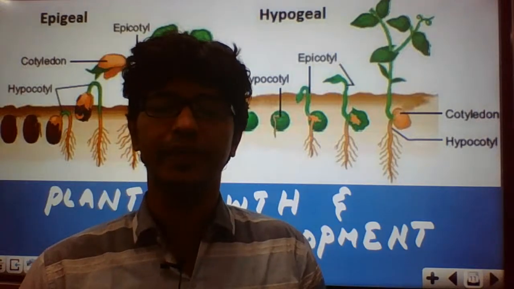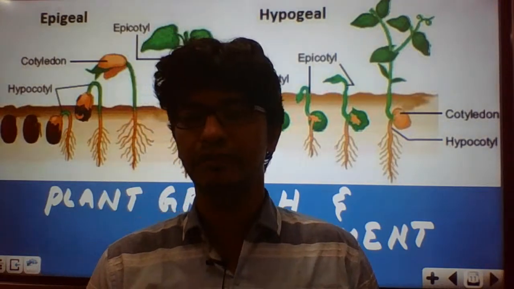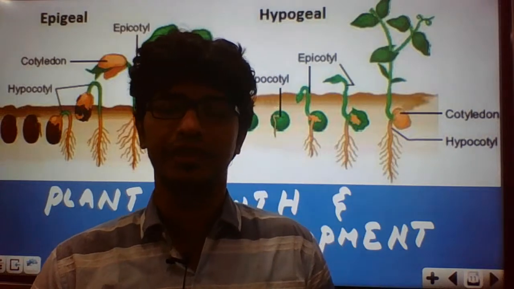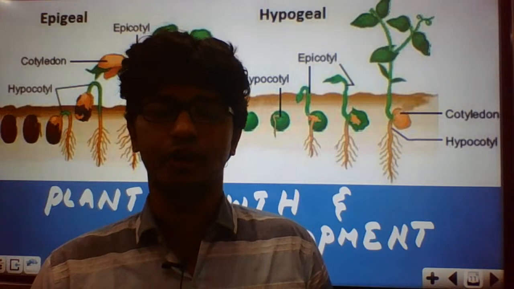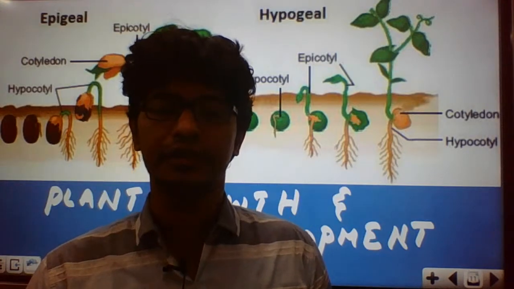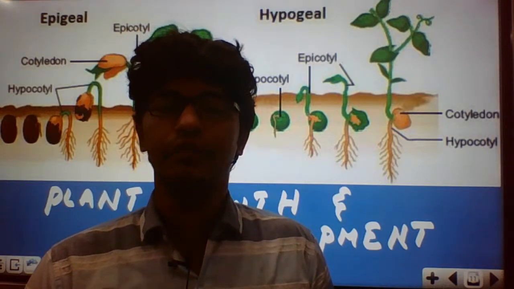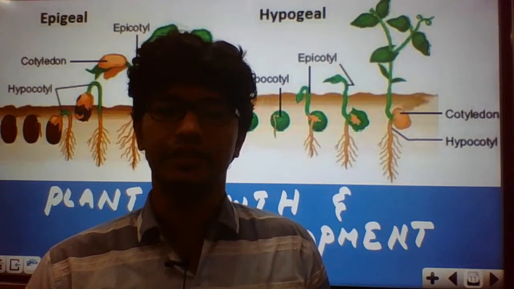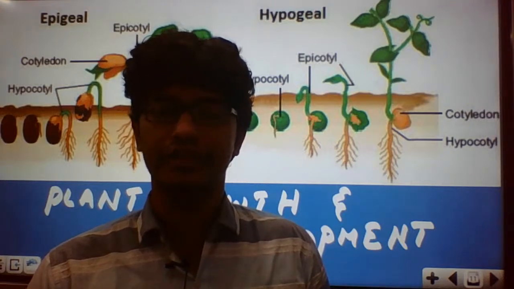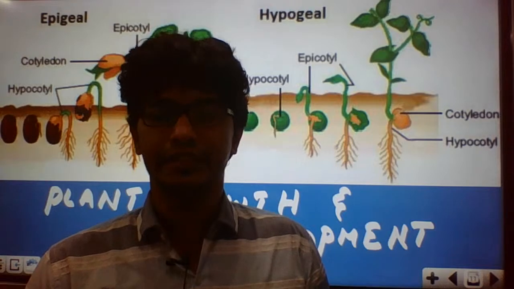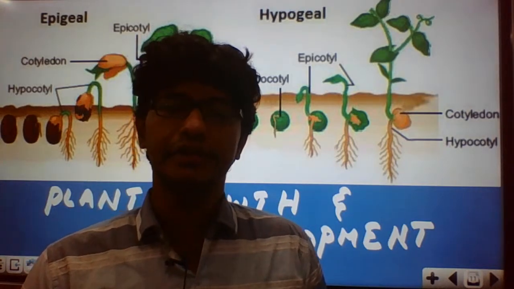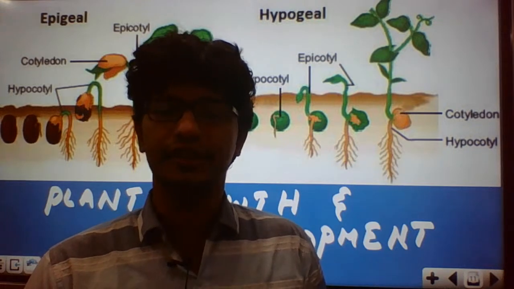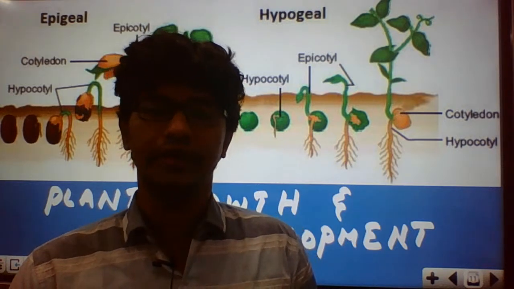And also germination. Coming to the germination part, we'll discuss hypogeal germination and epigeal germination, and we'll also see seed dormancy: what exactly is seed dormancy, and what is the significance of seed dormancy. And vernalization, how we expose the plants to cold, that is low temperature, right?